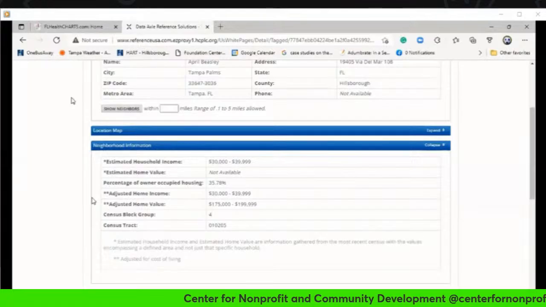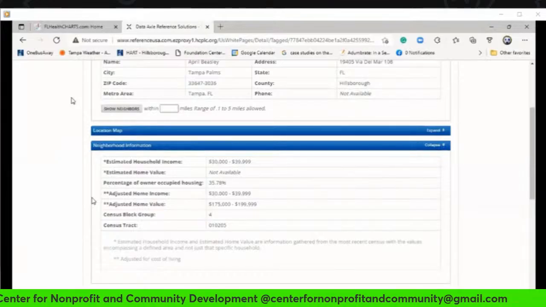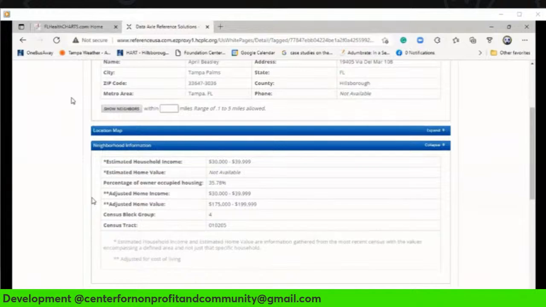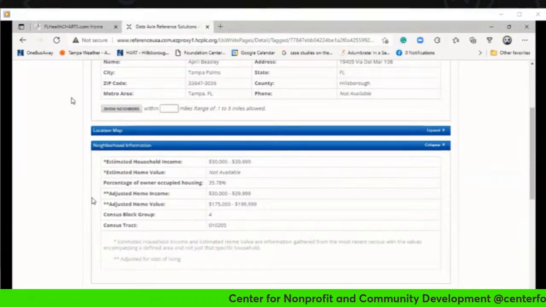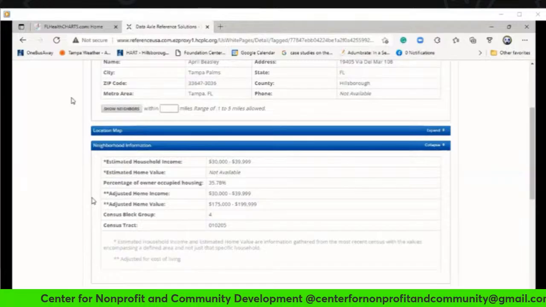Now, this will put you in a better position in order to complete the needs statement. And this needs statement is one of the first hurdles you have to get through in writing a good grant proposal. Or this information is good so you can learn about your community.